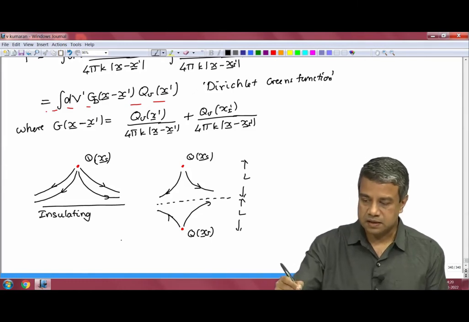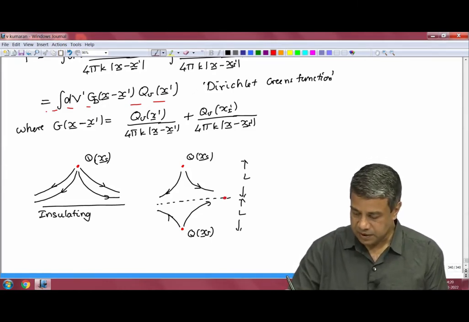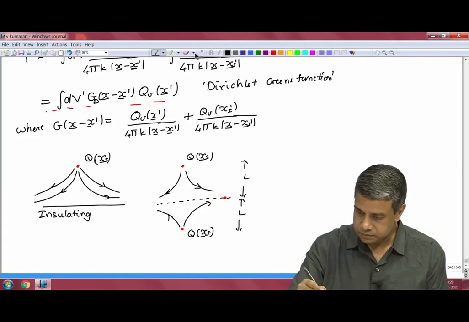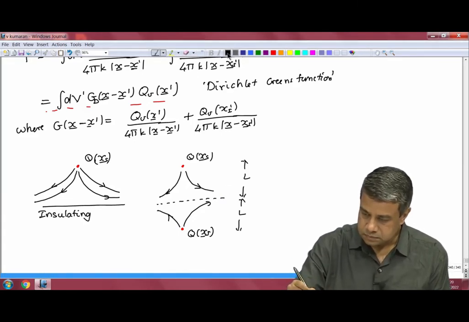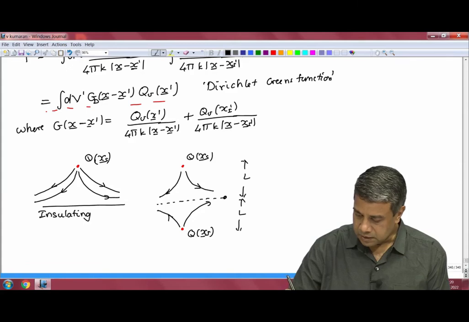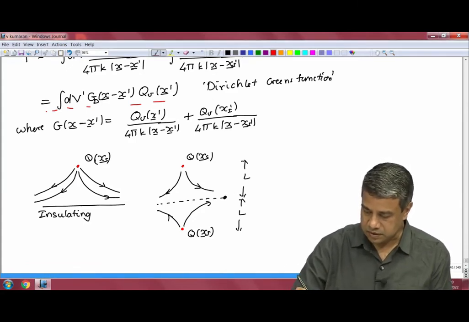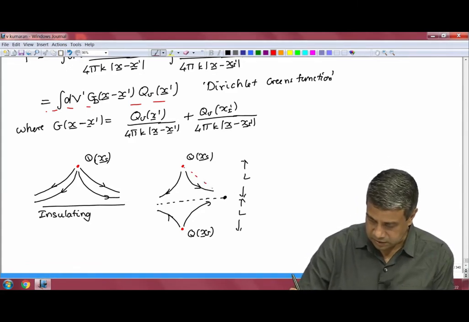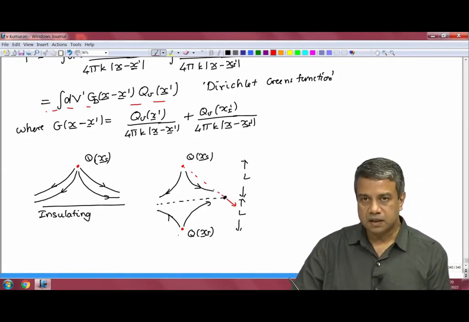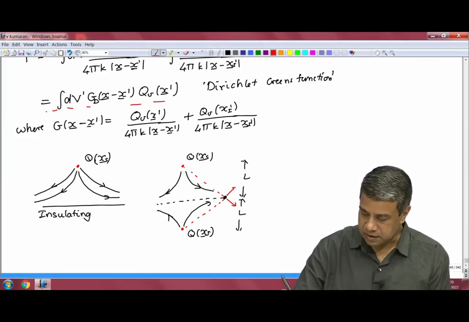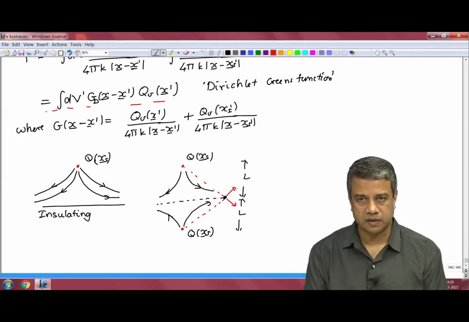This once again is quite easy to see. Let us say you are at an observation point here. The heat flux due to the source is going to be along the line joining the source and the observation point. The heat flux from the image source is going to be along the line joining the image source and the observation point.